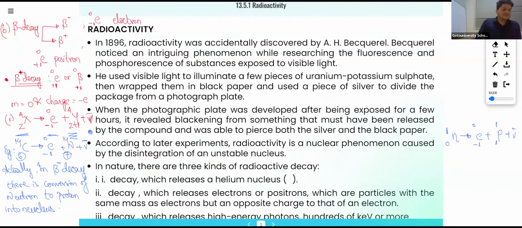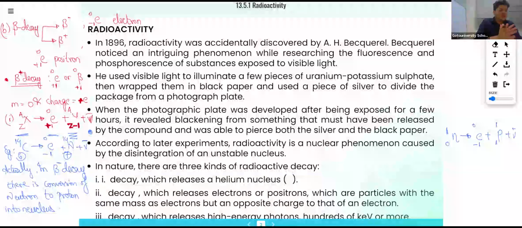Mass will be 0 and charge will be plus e. Here it will be plus 1, so Z will become Z minus 1. There it was an anti-neutrino, here it will be a neutrino.